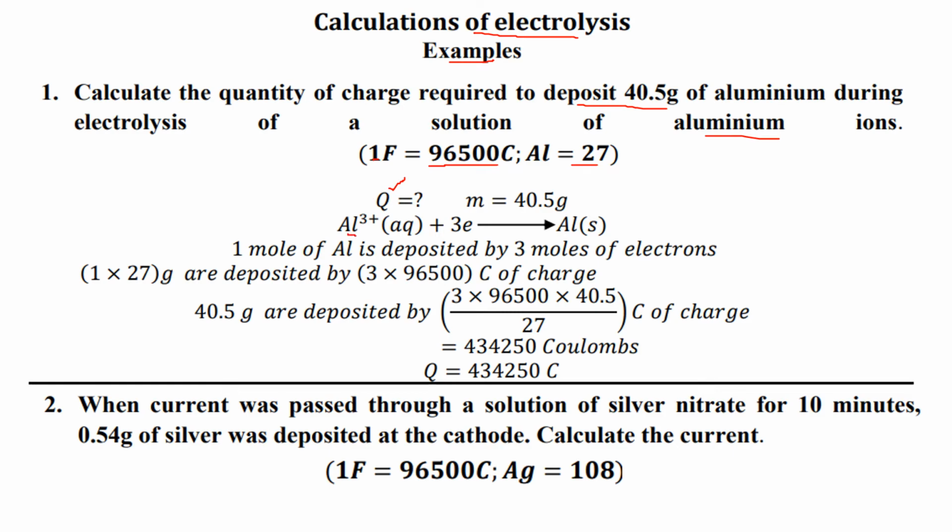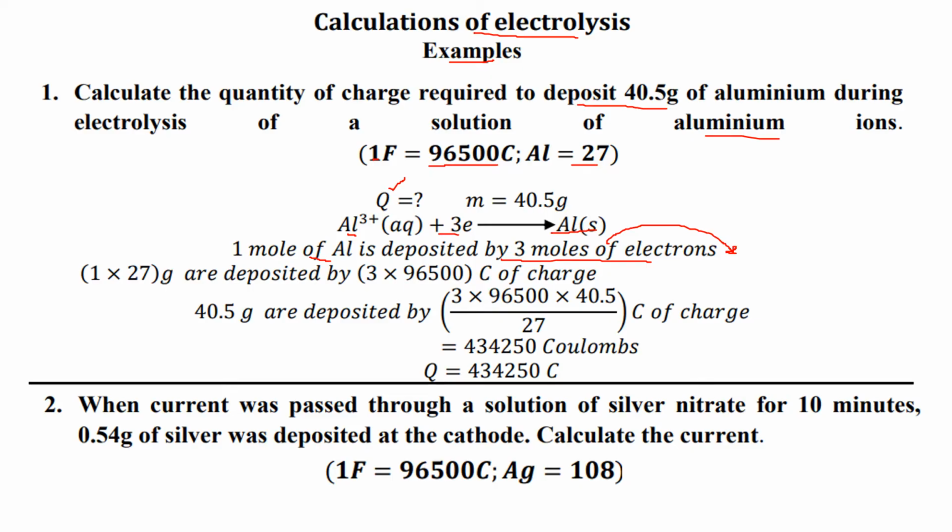So the aluminium ion is going to need 3 electrons to be discharged to form solid aluminium. According to the equation, 1 mole of aluminium is deposited by 3 moles of electrons. But remember that electrons are equivalent to the charge that is required. So 1 mole of electrons carries 96,500 coulombs.